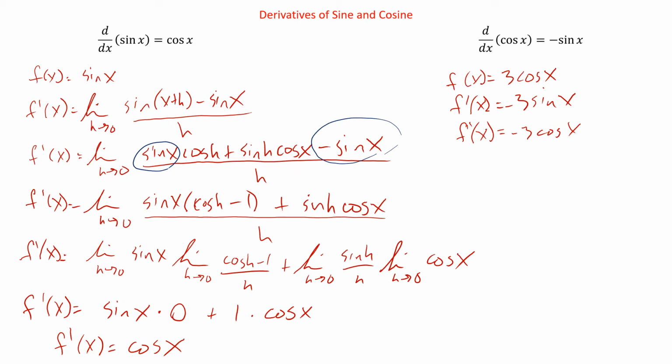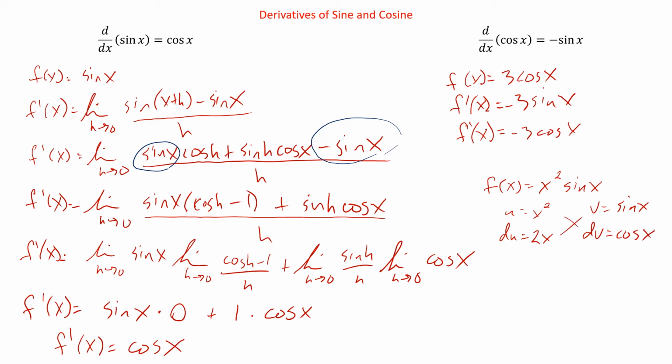Other thing we could do, we could say f of x equals x squared sine x. Now all of a sudden we need to use product rule. Let's have u equal x squared, v equals sine x, means du will be 2x, dv is cosine x.